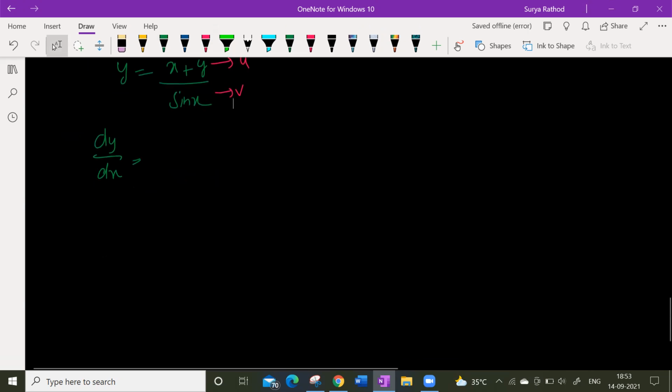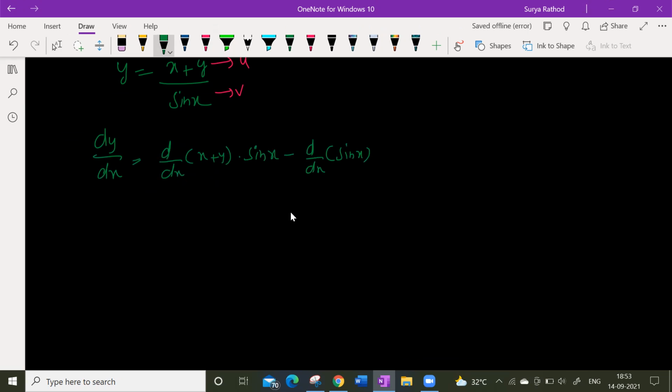U by v rule means dy by dx of x plus y into sin x as it is, minus dy by dx of sin x into x plus y, as it is, divided by sin x whole square.